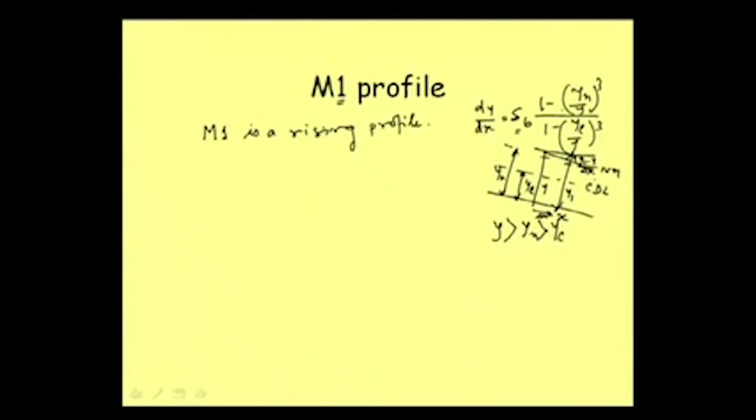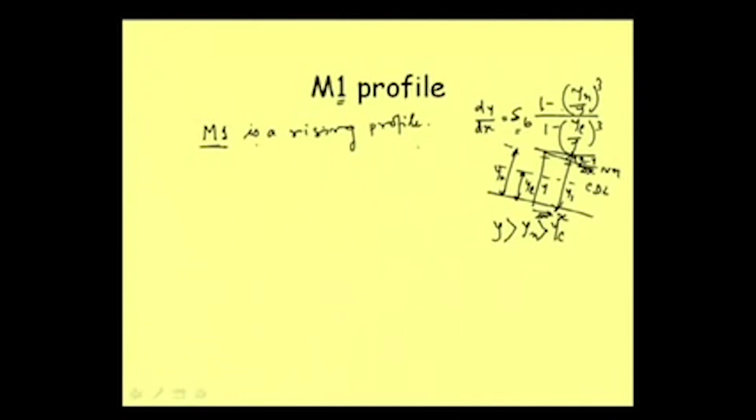Like that we can also write if we want to discretize. But anyway, dy/dx positive means it is a rising profile, and based on that, in the last class we got this statement that mild slope and zone 1, the profile we get is M1, and this is a rising profile.